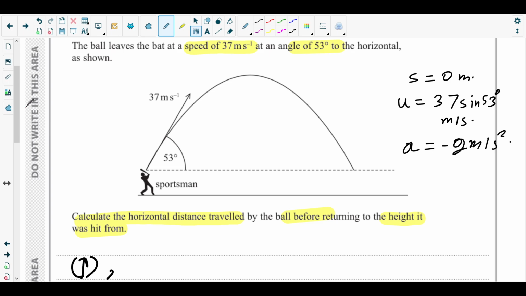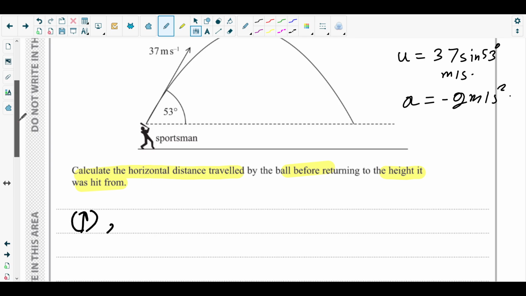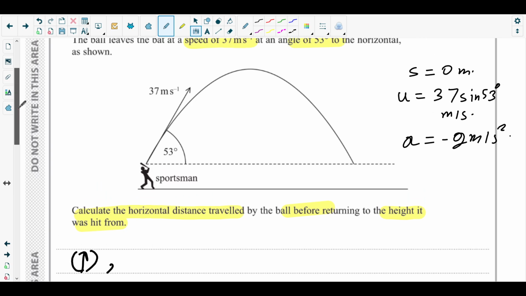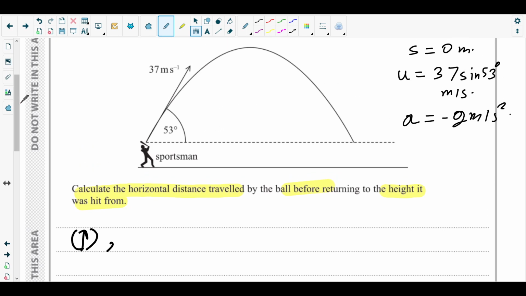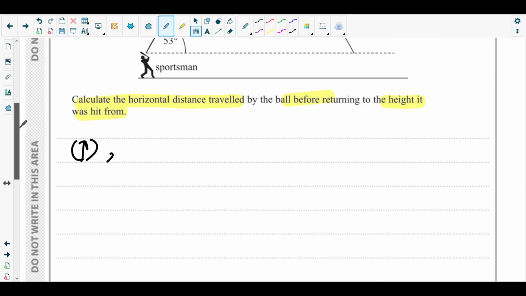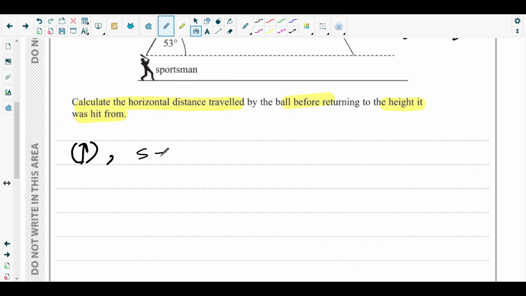because the downward direction is negative, and it will be moving freely under the force of gravity. We need to find the time at first, the total time of its journey to reach the same level from where it has been projected. So we will use the formula s equals ut plus half a t squared.